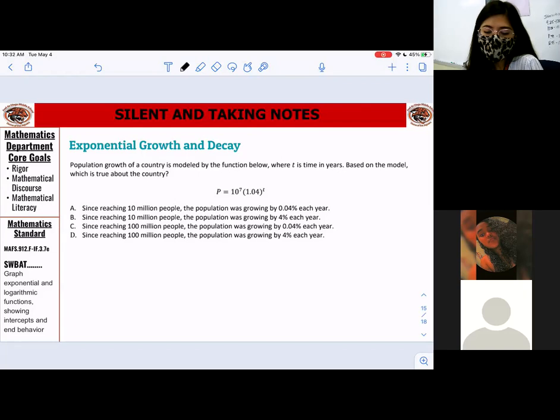Careful, B and D are not the same. So this is a little tricky because there's 10 million or is it 100 million? Is it 10 million or is it 100 million?